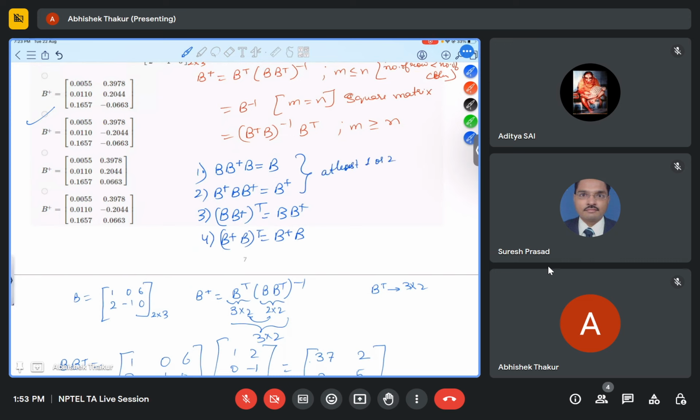In this way, we can solve the question for the pseudo inverse.